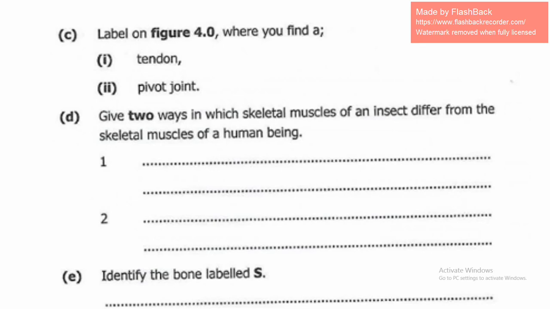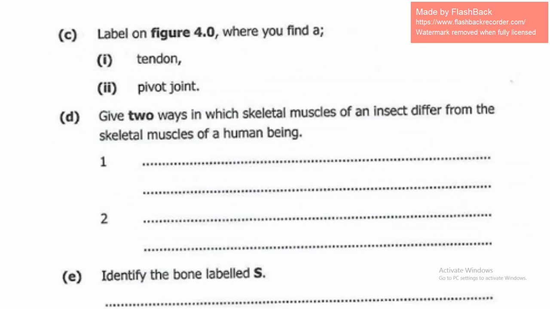So there should be that part connecting these two bones so that we shouldn't experience dislocation. So a ligament prevents dislocation. It is a part that connects a bone to another bone on a joint. That is what a ligament is.